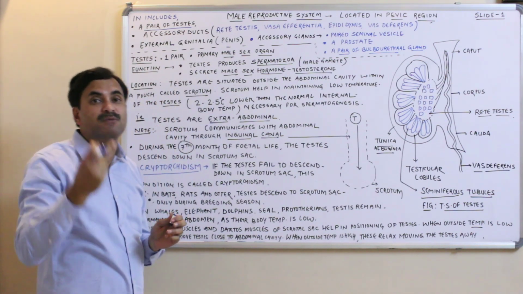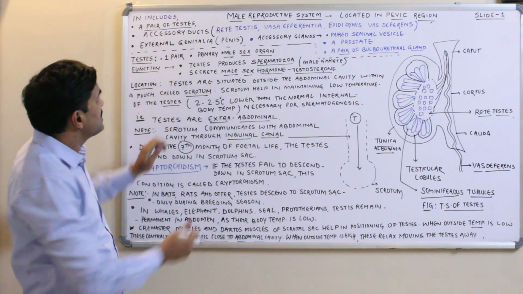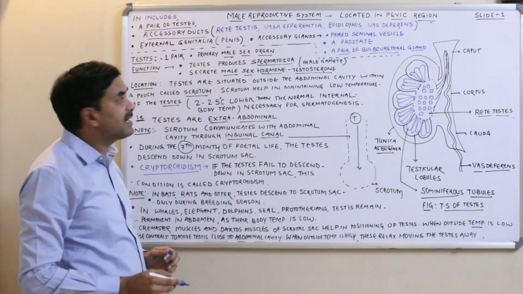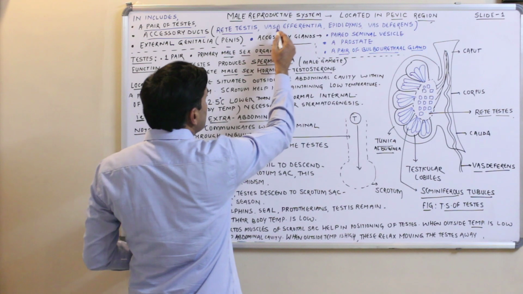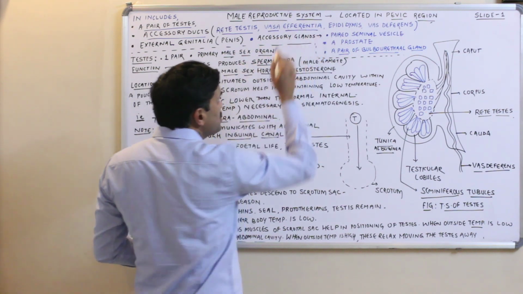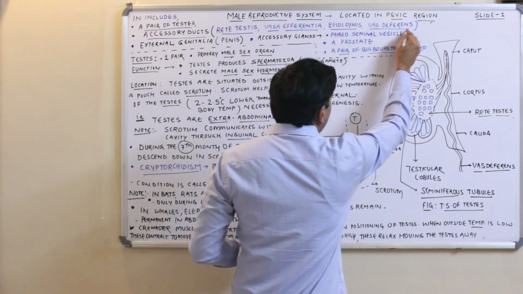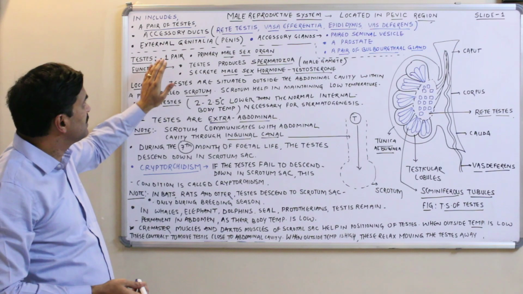Within a couple of minutes you will study the details about the testes, a pair of testes, and accessory ducts. Now in accessory ducts, what are included? Epididymis and Vas Deferens are included in the accessory ducts.